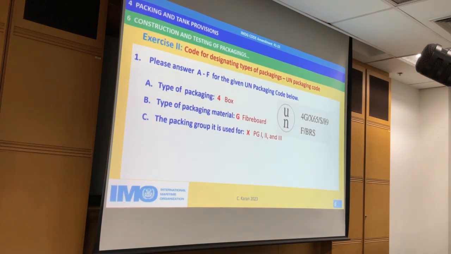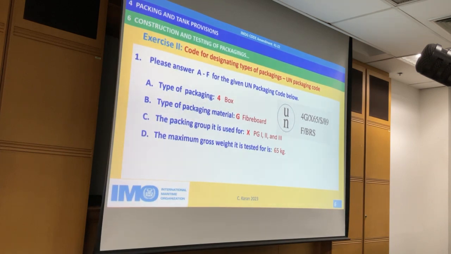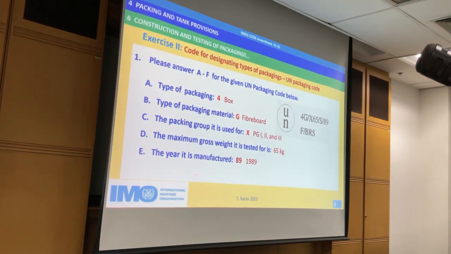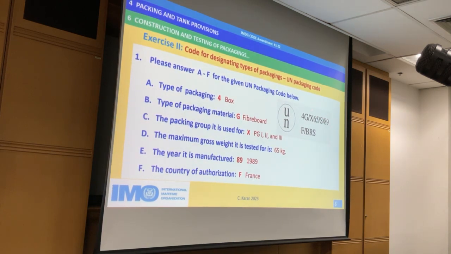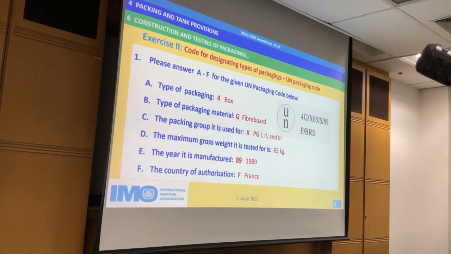And if it is packing group 1, it also covers 2 and 3. The maximum gross weight it is tested for, for solids, is 65 kilograms. You can see it over there. The year it is manufactured, 89. The country of authorization, France. Are we okay?